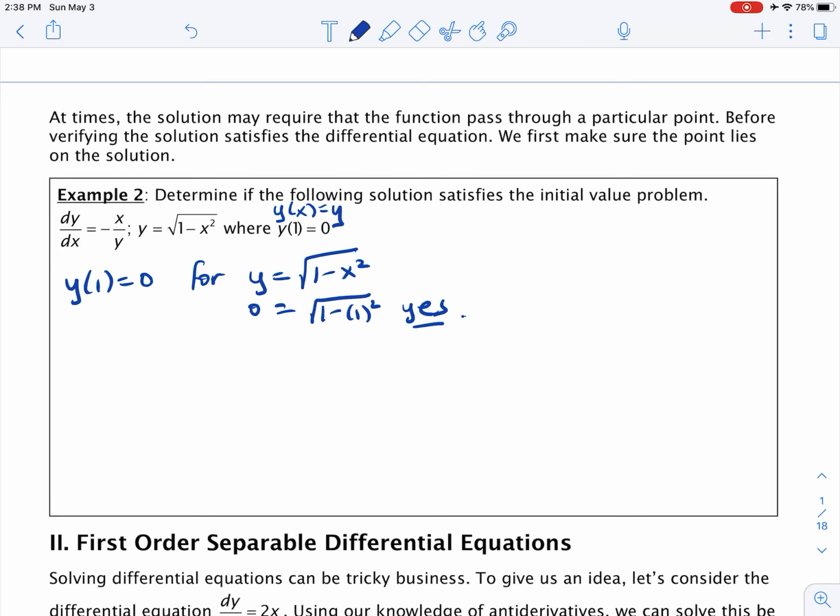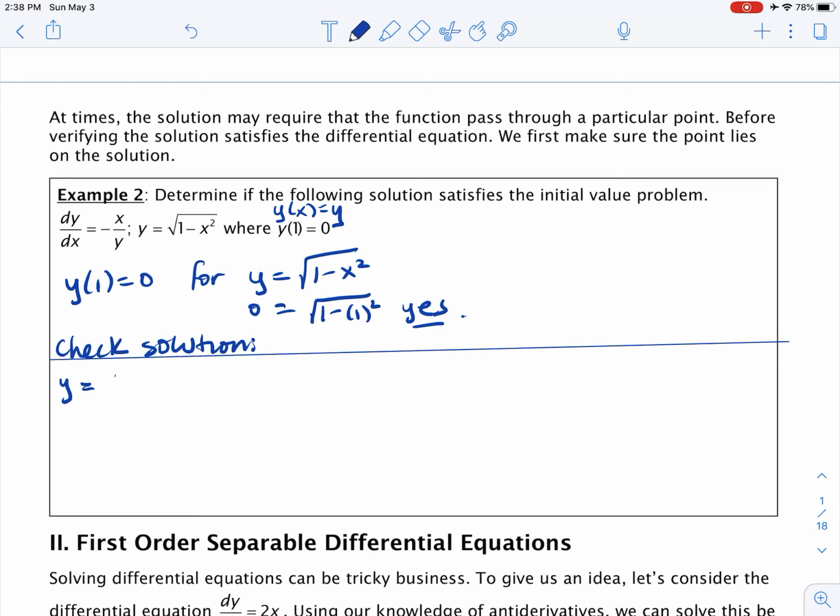Next, I'm going to verify if the function is a solution. It will involve me taking a first derivative because we've got dy dx.